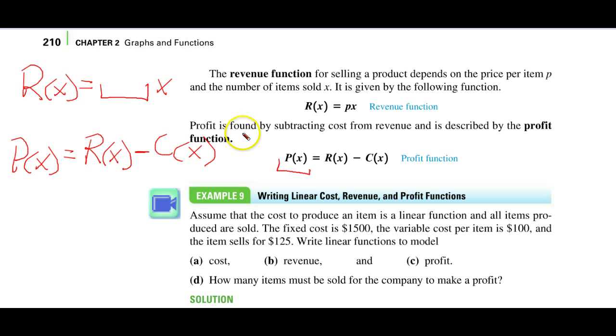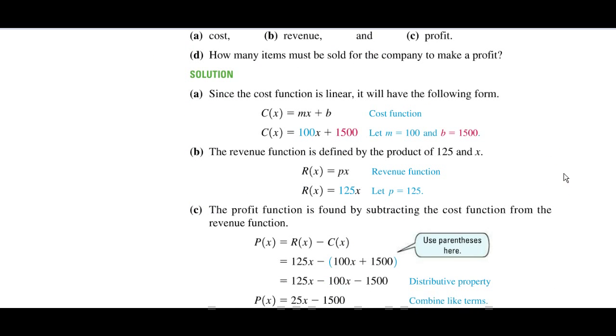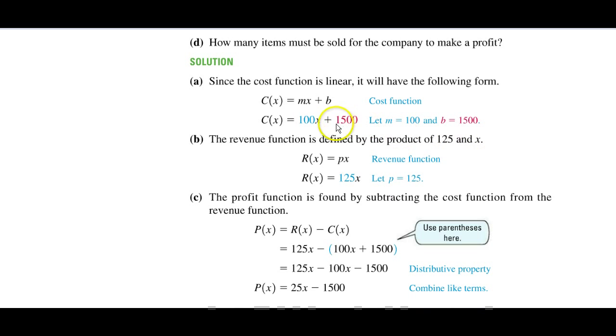So let's look at an example here. This is background. So equipment and things was $1,500. It costs $100 to make a particular item. And our revenue function is for every item we sell, we're going to sell it for $125. In a previous course, we said what was our break-even point.